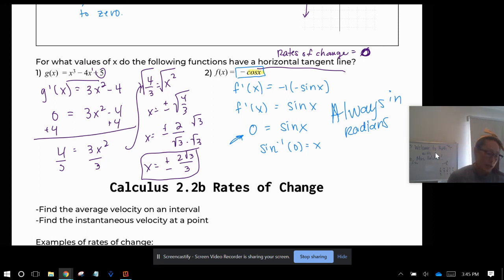Okay, so sine inverse of 0 is equal to x when x is 0 radians, pi radians, 2 pi radians, like on the x-axis here. Or we can say pi n, where n is equal to any integer.